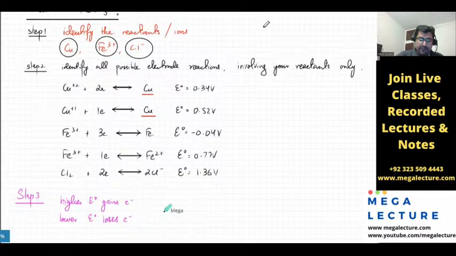But you have to make sure it's your reactants that are losing and gaining electrons. It has to be one of these three. There should not be a fourth thing, because these are your reactants. Someone between them has to gain electrons, and someone out of these three has to lose electrons, right?